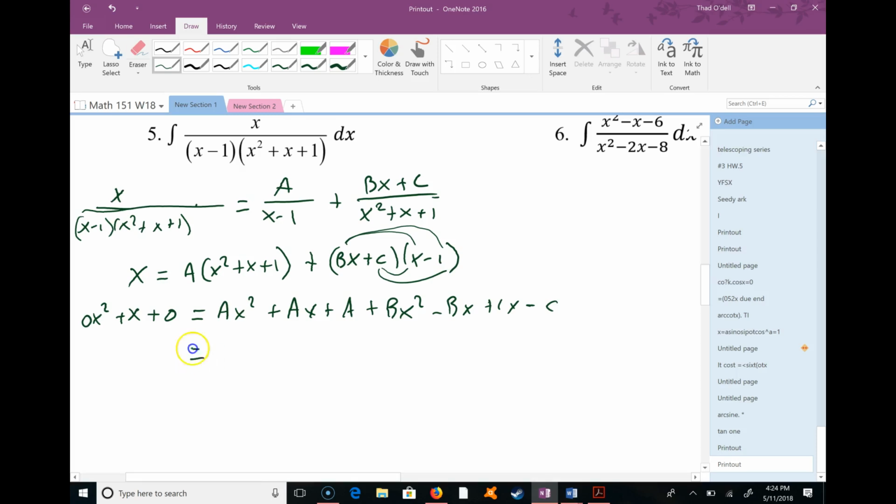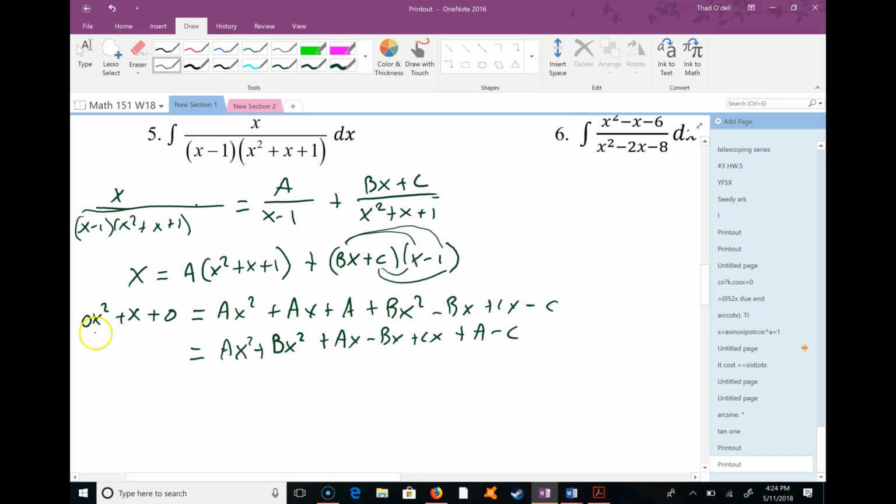Let's get all these together first. So that would be Ax squared plus Bx squared, and plus Ax minus Bx plus Cx, and then plus A minus C. I think I got everything.